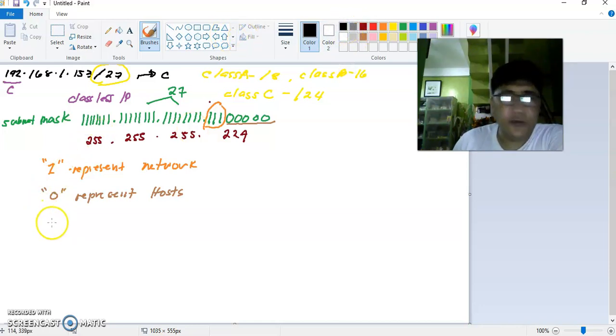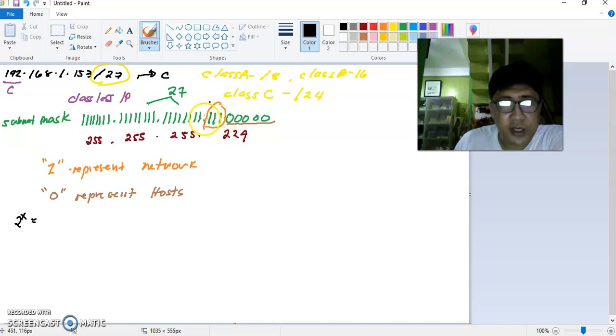Last time we discussed the formula. In order to get the number of networks present, you have to use the formula 2 raised to the power x, where x is the number of ones present in this part of your subnet mask.